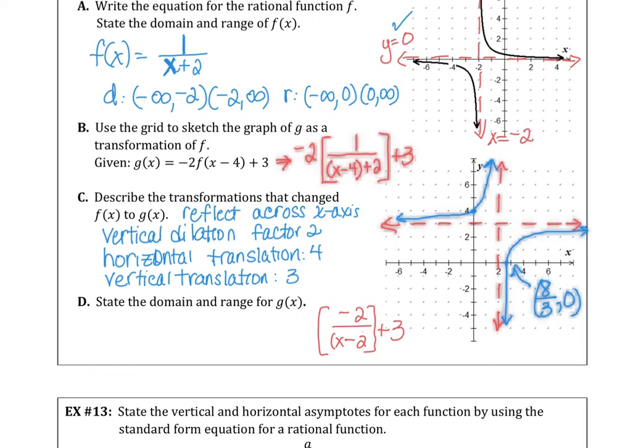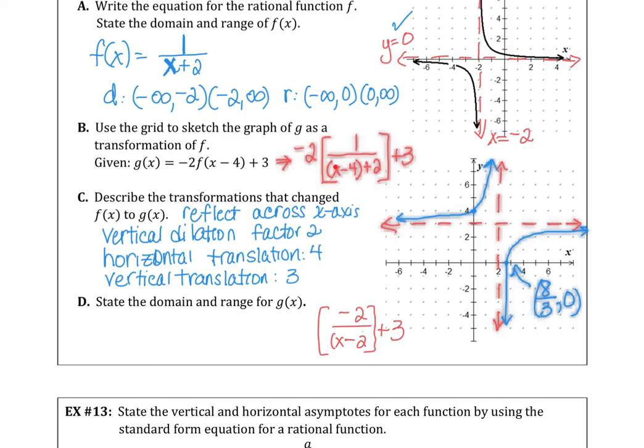Okay, here's how I approach that. I looked at this is the function up here, and we want to do all of this stuff to it. So -2 is that vertical dilation and reflection. And then we're going to substitute for this x minus 4, which is going to add 2 to that.